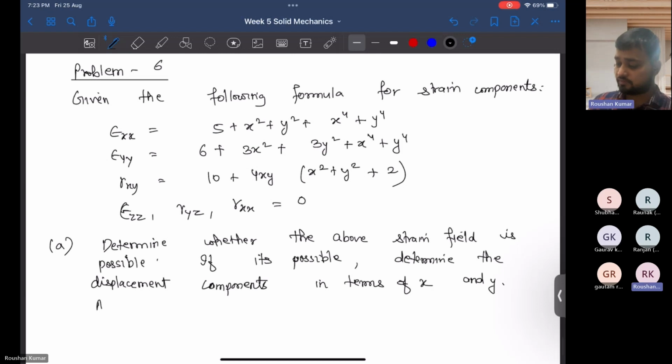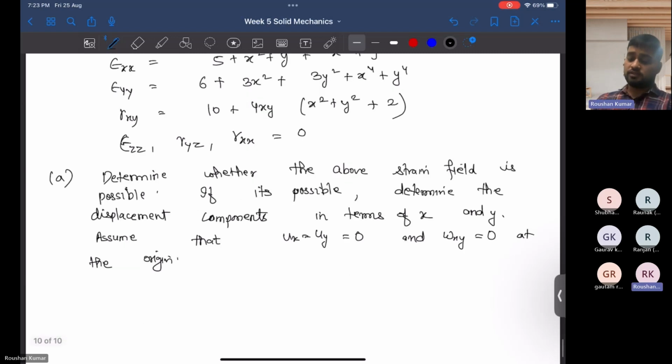Assume that ux is equal to uy is equal to 0 and wxy is equal to 0 at the origin.